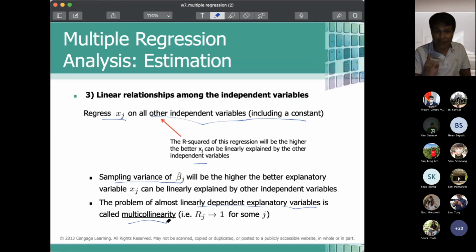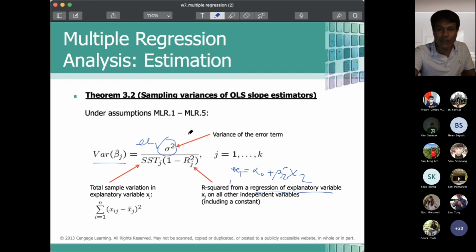Now we have another issue. If we want to obtain an unbiased sampling variance for the OLS slope estimate, we need to make sure there is no issue of multicollinearity. Let me insert here that perfect collinearity is assumption number 3, which concerns the unbiased estimate.